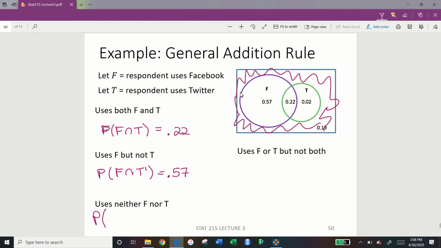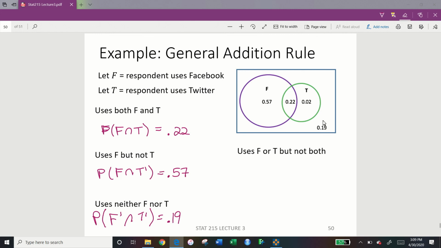Well, that's going to leave us with that 19% that are neither Facebook nor Twitter users. Let's take a look at the last one. Uses Facebook or Twitter, but not both.